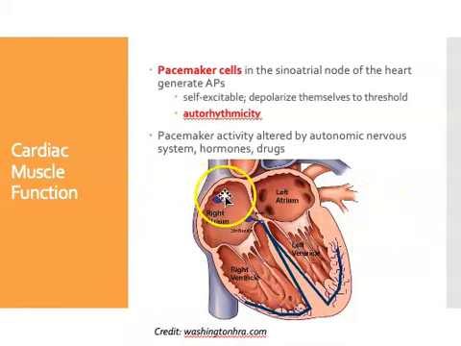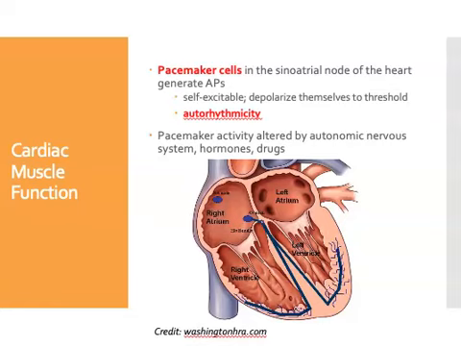There's a region up here in the right atrium that's colored in blue that's called the sinoatrial node, or the SA node. There's another one called the AV node. These are regions where these pacemaker cells live. And what makes a pacemaker cell really fascinating is that they are self-excitable.